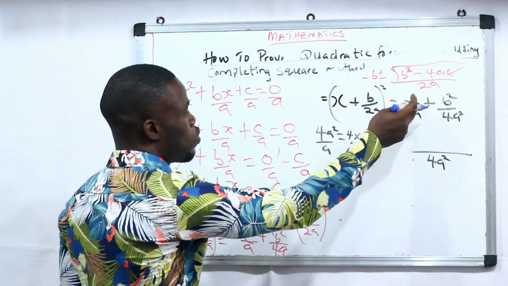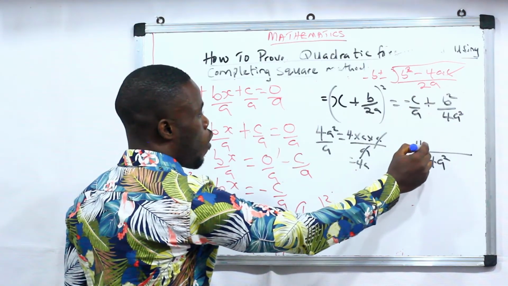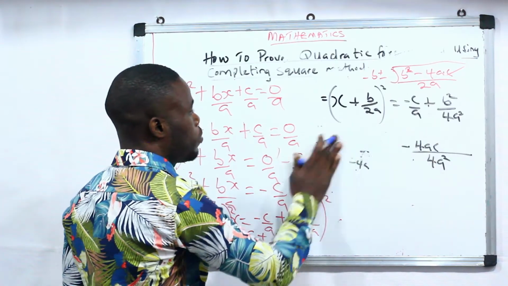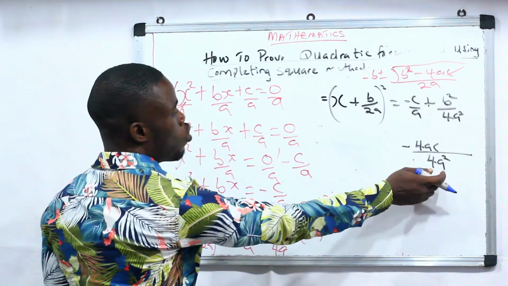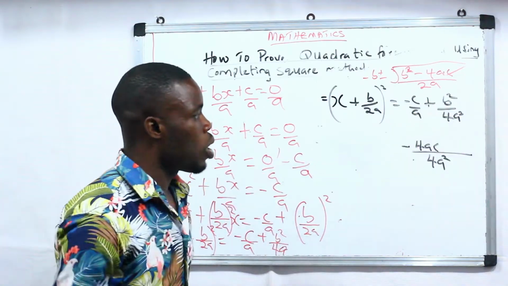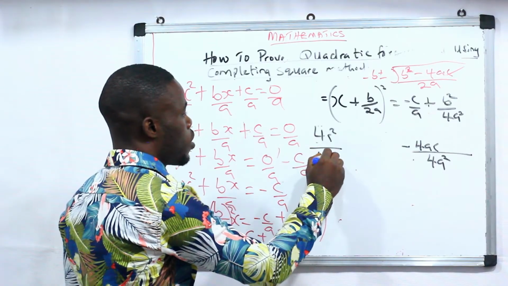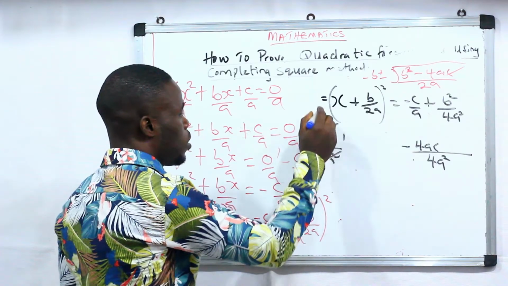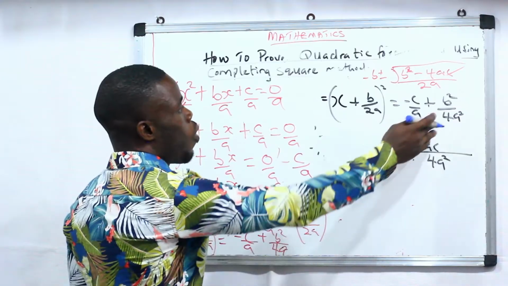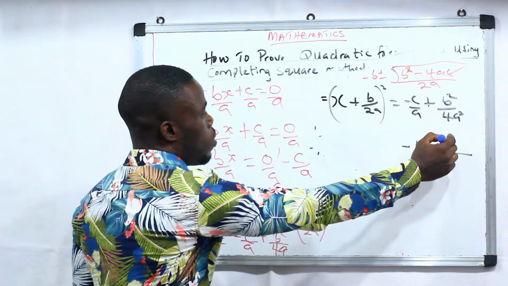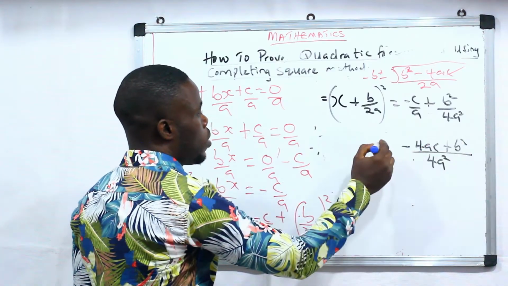So 4a times minus c will give you minus 4ac. Then 4a square divided by 4a square will give you 1. So our answer is 1, and 1 times b square will give you plus b square.